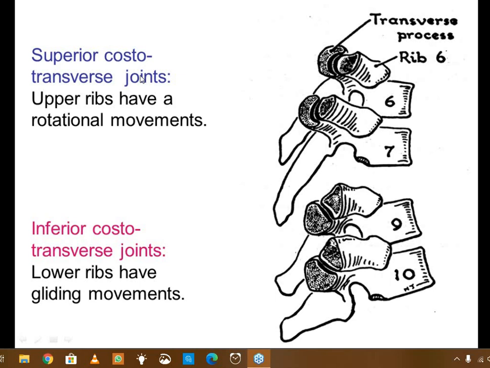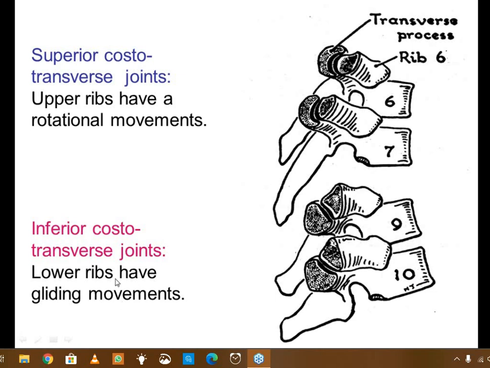As far as the superior costotransverse joints are concerned, upper ribs undergo rotational movement at these joints. With the plain synovial joint, slight movement is possible, so they undergo rotational movements. In the lower costotransverse joints, say 8, 9, 10 ribs, these have slight gliding movements.